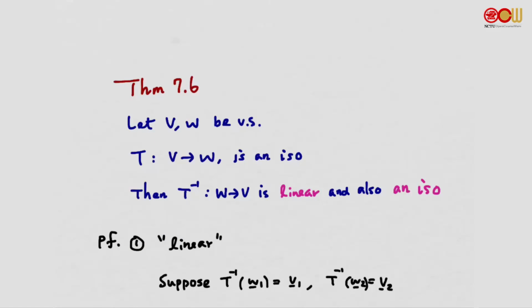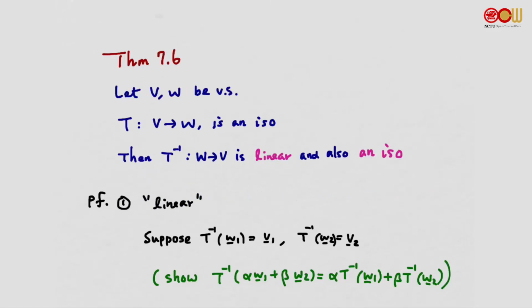Suppose the image of w1 is v1 under T inverse, and the image of w2 is v2 under T inverse. Then we need to show that the image of this linear combination is the linear combination of the images.